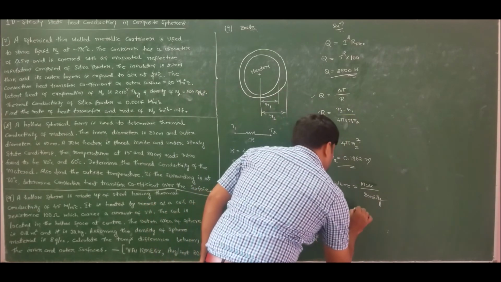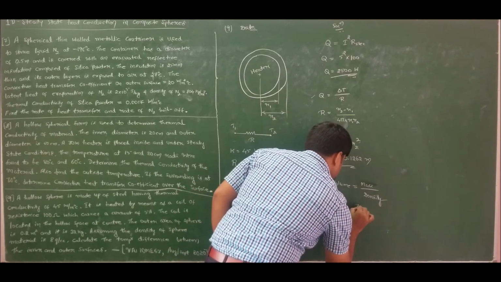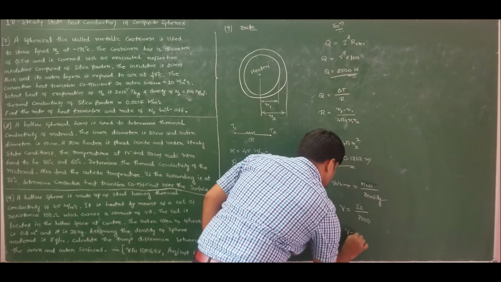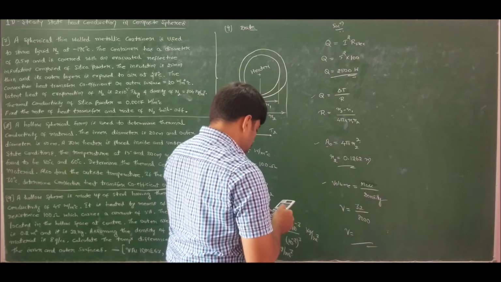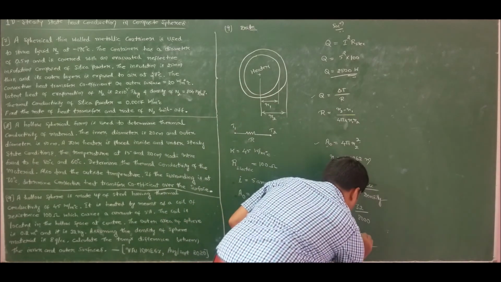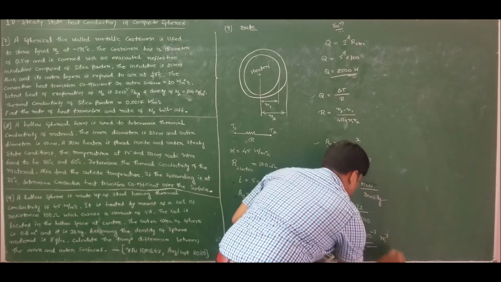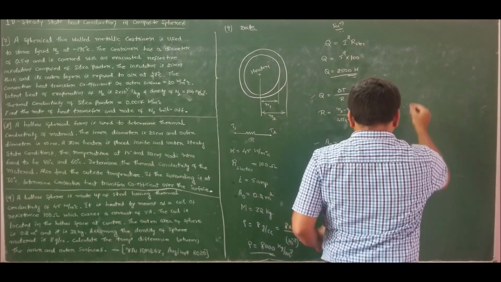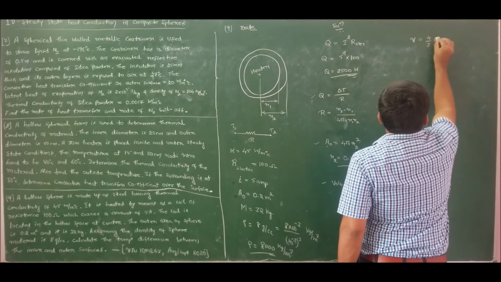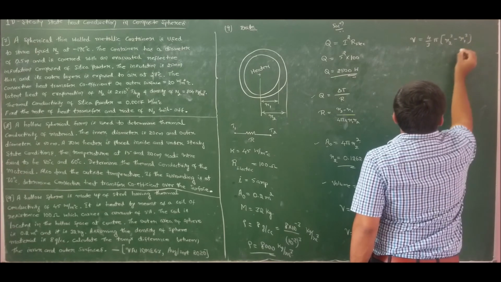Therefore volume will become mass 32 kg divided by density 8000, which is 4 into 10 to the power of minus 3 meter cube. Now for a hollow sphere, we know that volume is equal to 4 by 3 pi of R2 cube minus R1 cube.